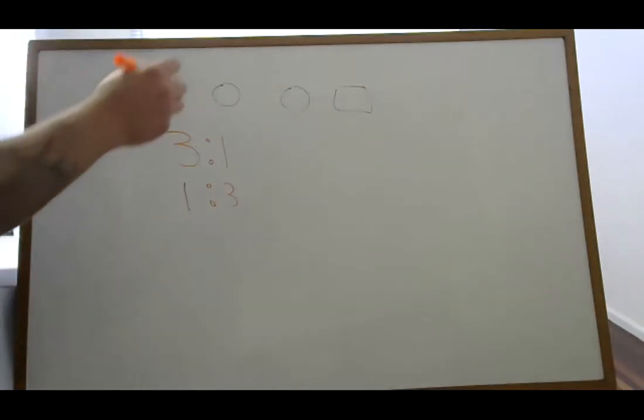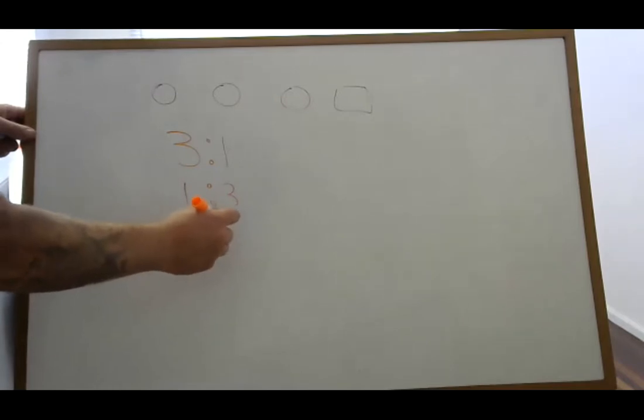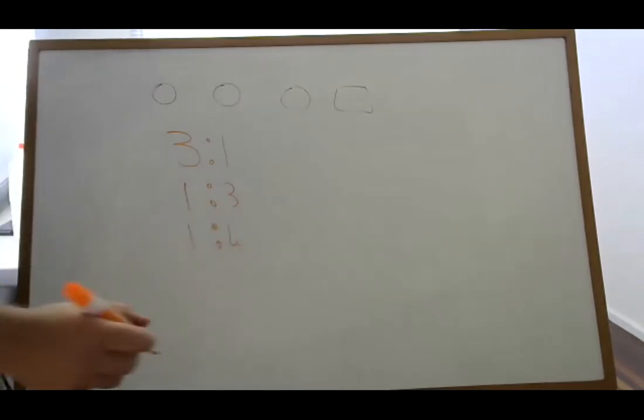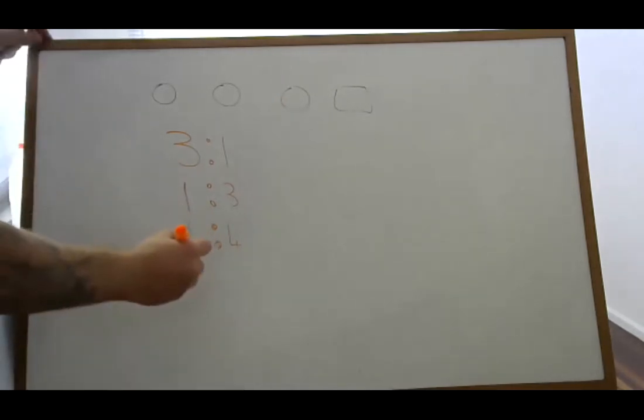So squares to total shapes would be 1 to 4. What would the ratio of circles to total shapes be? Three to 4.